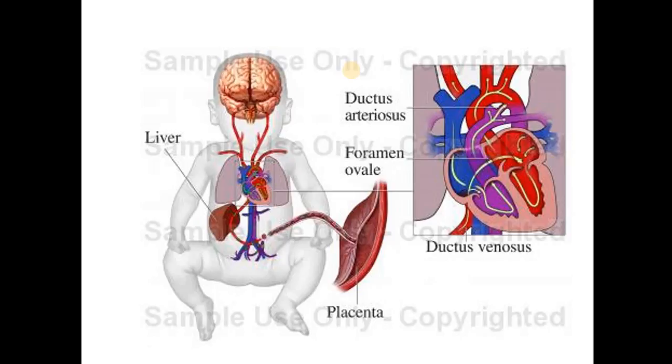This picture I Googled, so if you want to find one yourself, you can, and that's fine. Here's the ductus arteriosus going from that pulmonary artery to the arch of the aorta.